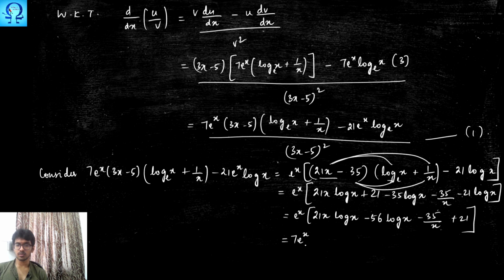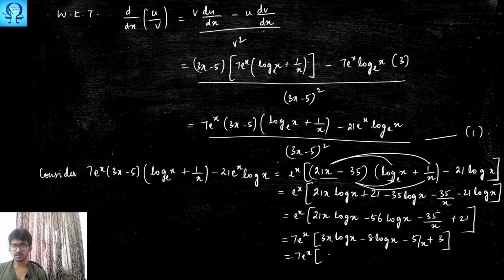So it is going to be 7 e^x times (3x log x − 8 log x − 5/x + 3). If I wish for even simplification, I write this as log x times (3x − 8) minus 5/x plus 3.